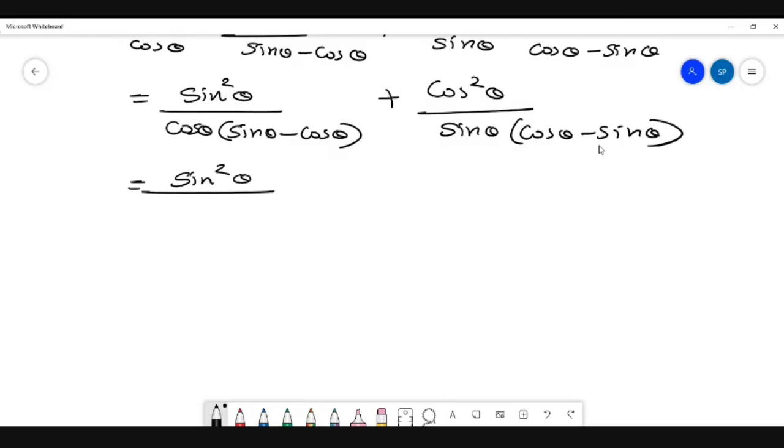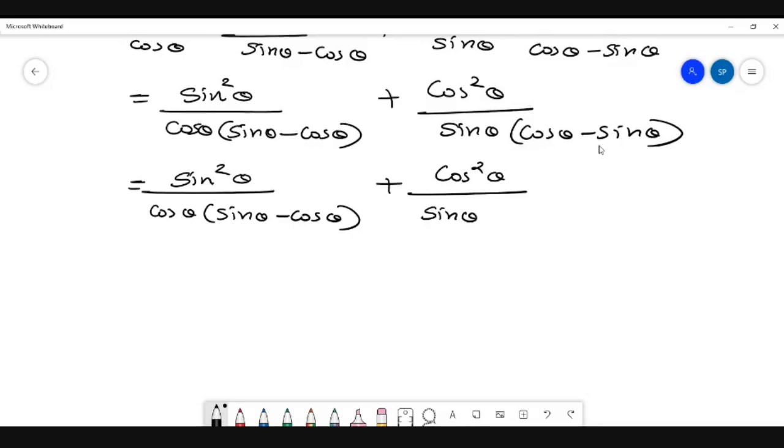Sin square theta divided by cos theta into sin theta minus cos theta plus cos square theta divided by sin theta into minus of sin theta minus cos theta. Minus of sin theta minus cos theta is minus sin theta, minus into minus plus cos theta. So again it will be cos theta minus sin theta. So this negative sign we can apply here.